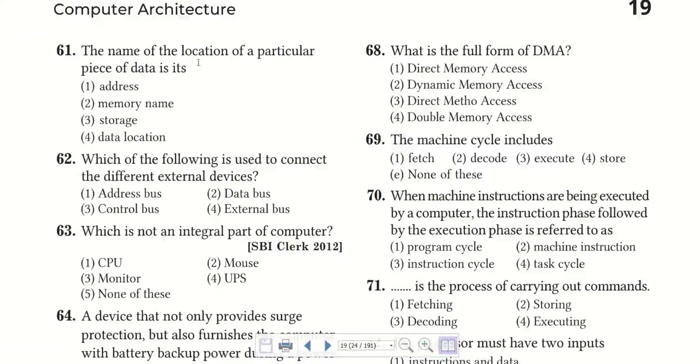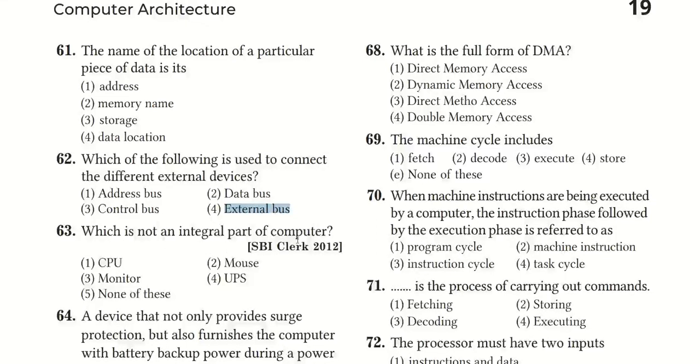The name of the location of a particular piece of data is its address. Which of the following is used to connect the different external devices? The different external devices are connected through the external bus like USB, which is not an integral part of the computer.